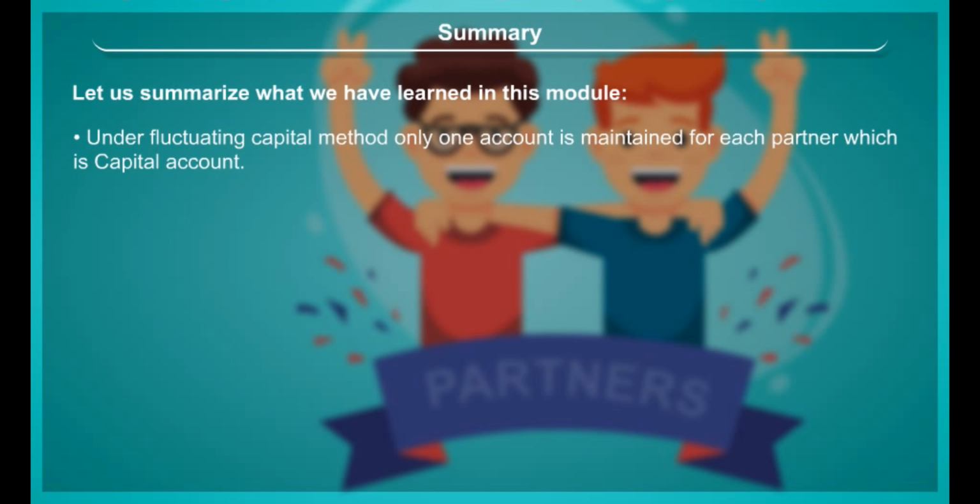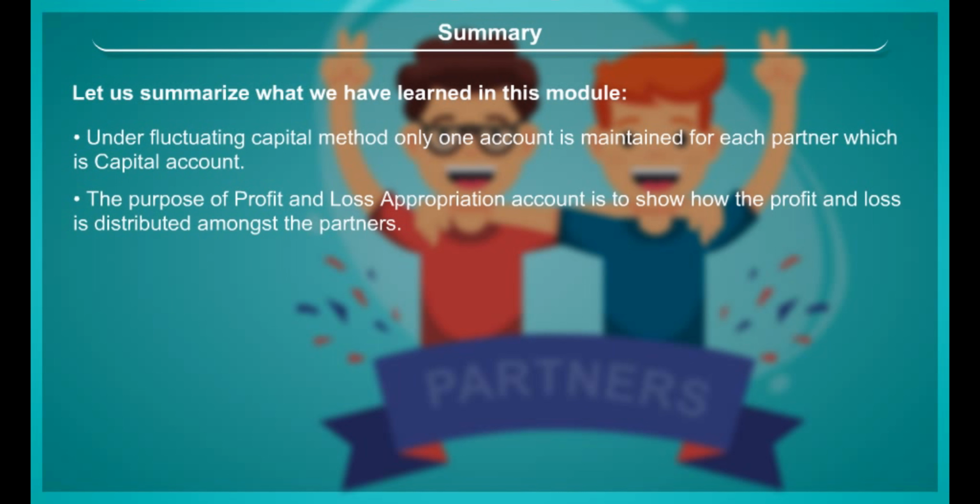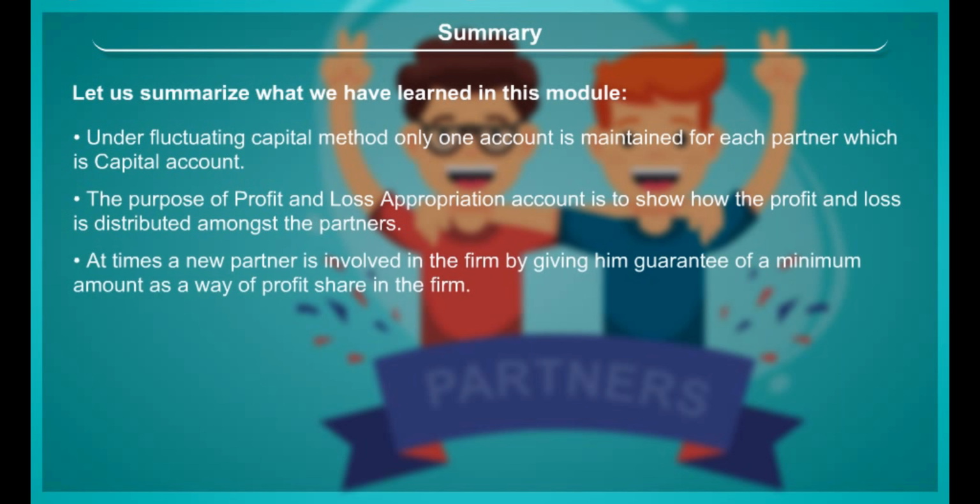Under fluctuating capital method, only one account is maintained for each partner, which is the capital account. The purpose of profit and loss appropriation account is to show how the profit and loss is distributed amongst the partners. At times, a new partner is involved in the firm by giving him a guarantee of a minimum amount as a way of profit share in the firm.